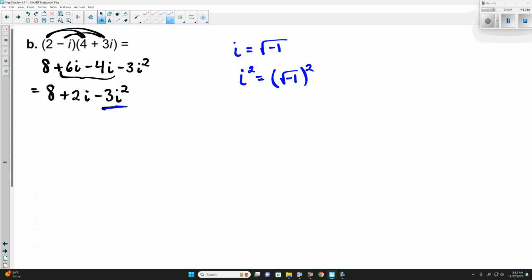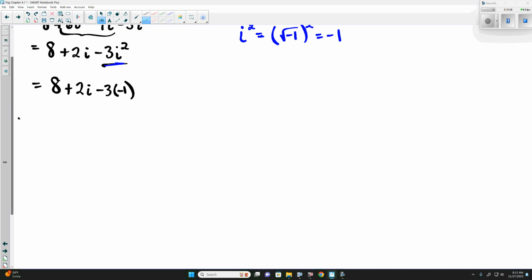Well, a square root and square would simplify, telling us it's just negative 1. So really what we have here is 8 plus 2i minus 3 times negative 1. Well, negative 3 times negative 1 is just positive 3, yes? And 8 plus 3 is 11. That's it.